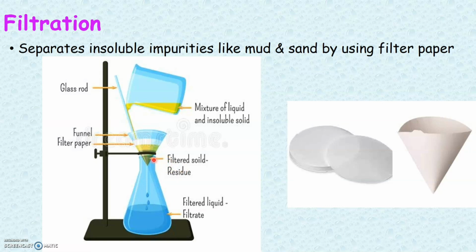So this method of purifying water is called filtration. In this method of filtration, we can separate insoluble impurities like mud and sand from water. This method of separation can be done with the help of a filter paper. So now we have learned different methods of separation in case of soluble substances and insoluble substances.